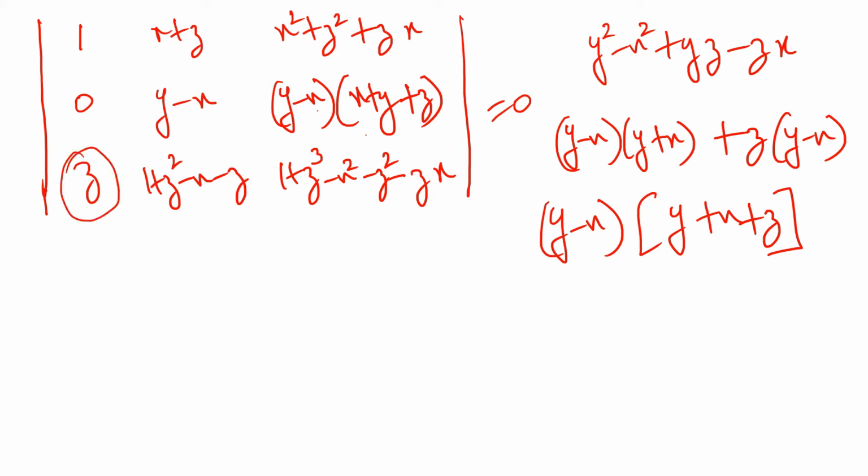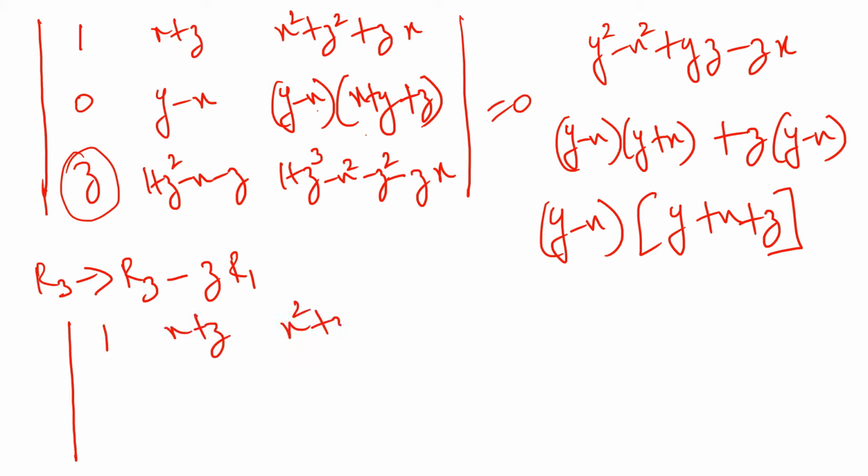To create 0, we'll be performing the operation R3 tends to R3 minus zR1. That means I'm multiplying all the elements of the first row with z and subtracting these elements from the elements of the third row. So now we'll be getting 1, then x plus z, then x square plus z square plus zx.